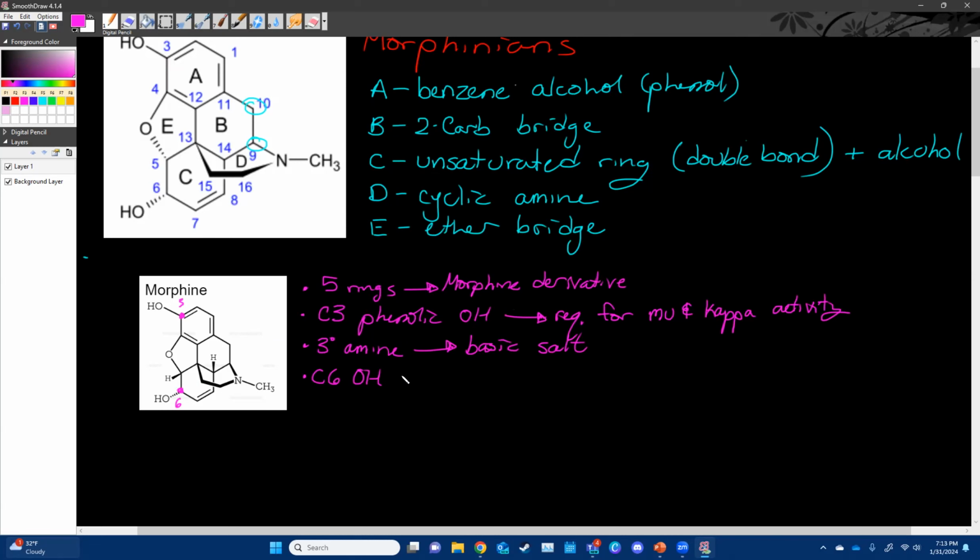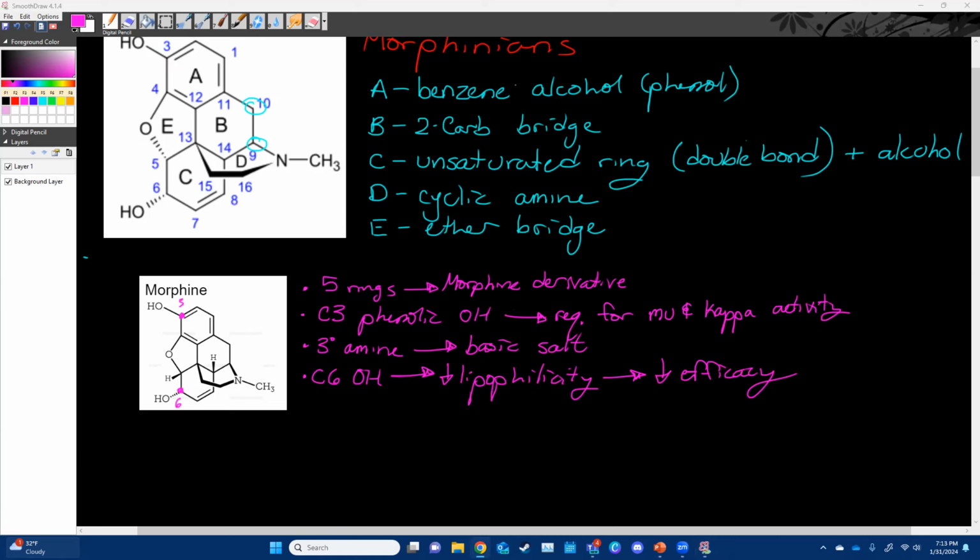And then finally, having this C6 OH decreases lipophilicity, which of course we know decreases efficacy, right? So if you have less drug being able to cross through the blood-brain barrier, then you have less drug able to cause analgesia.